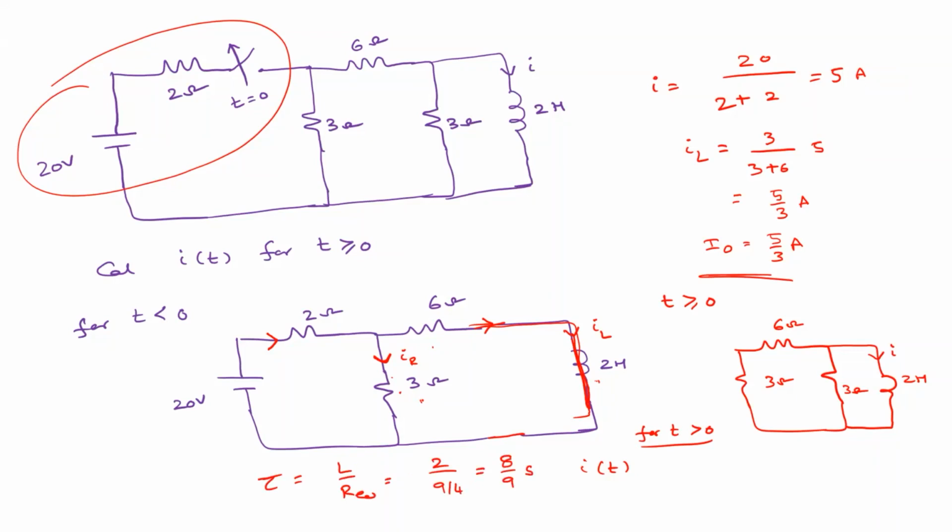Okay, so what is I of t? For t greater than 0, the 20 volts and 2 ohm resistor is not considered. Why? We have discussed it again in the previous class, in the previous problem also.